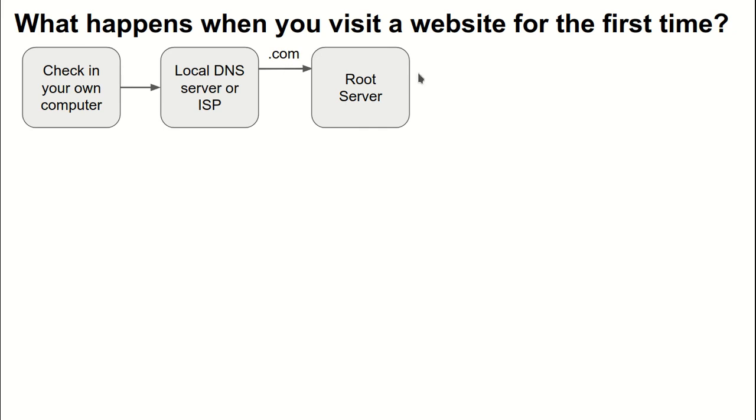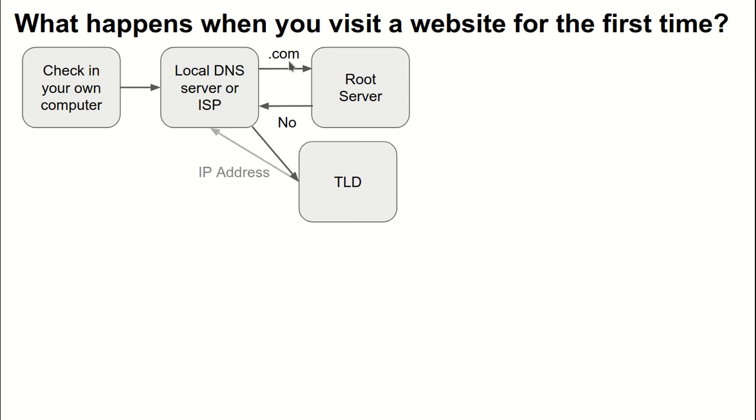Let's say the root server is also not showing us that this .com website is present, so it will send a no message to the local DNS server, and now the local DNS server will contact the TLD. What is TLD? The top level domain. So the local DNS server will contact the top level domain to find out this .com website.